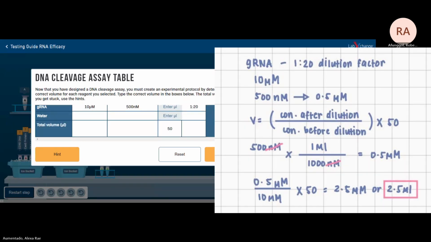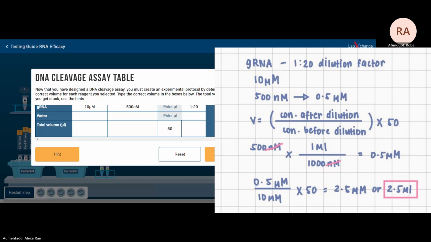So we have 10 micromolar and 500 nanomolar. First, we get the 500 nanomolar times 1 micromolar divided by 1,000 nanomolar. Let's cancel the nanomolar. We have 500 divided by 1,000 is equals to 0.5 micromolar.